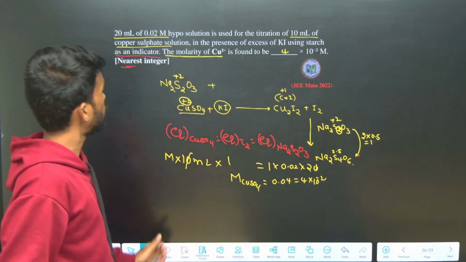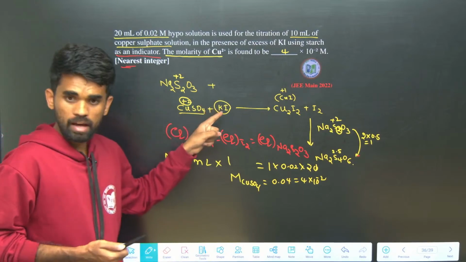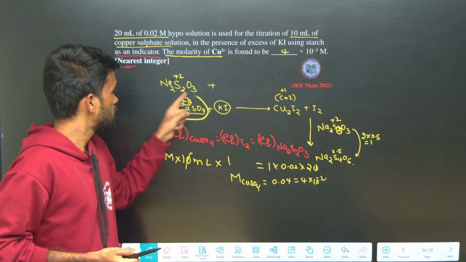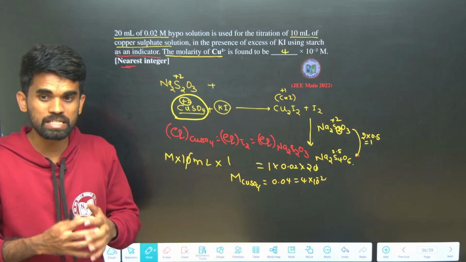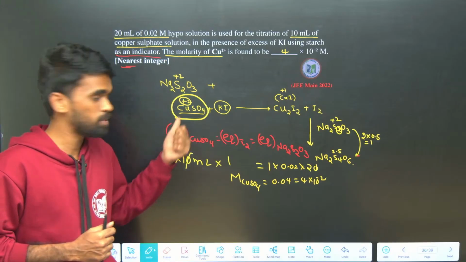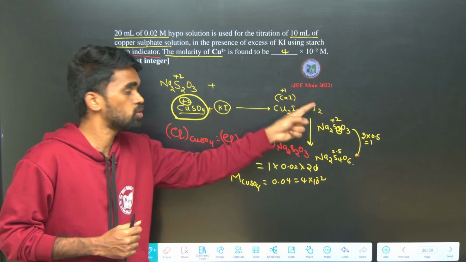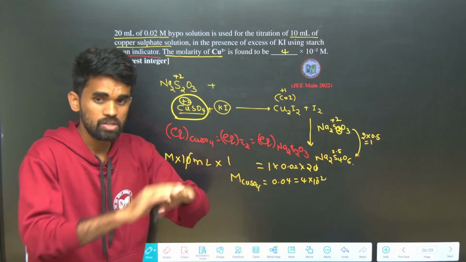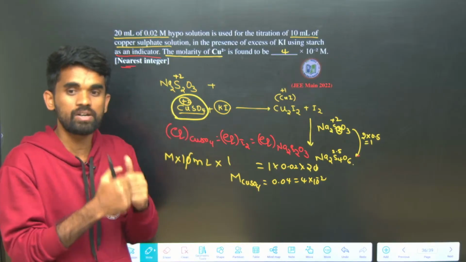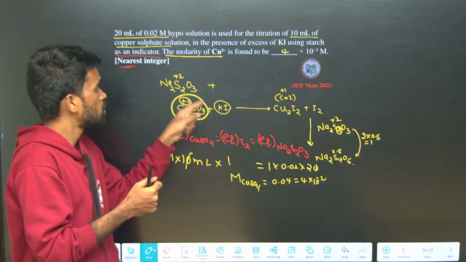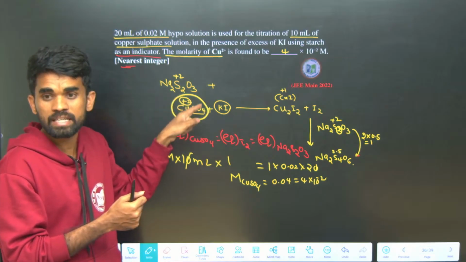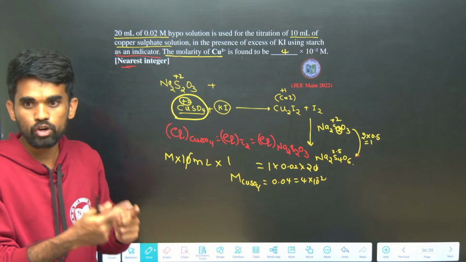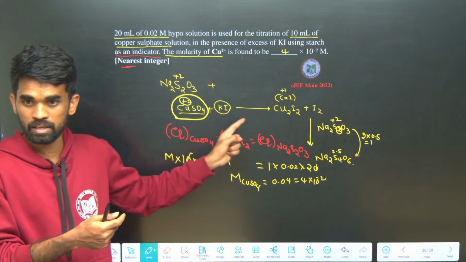See what happened here. I have taken KI, and I need to calculate the copper sulfate concentration. What is our oxidizing agent here? Copper sulfate, because it is oxidizing iodide ion to iodine. That released iodine is reacted with hypo. In this complete process, we have calculated the concentration or strength of this oxidizing agent. So which method is it? Iodometric, because it is an indirect method, as you are seeing right now.